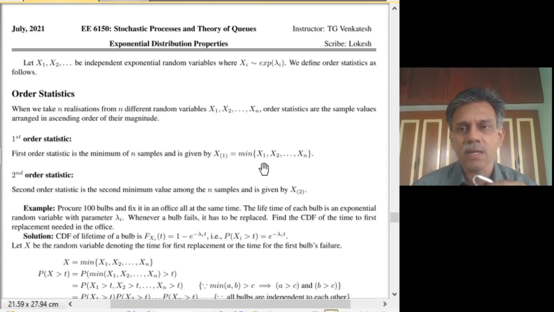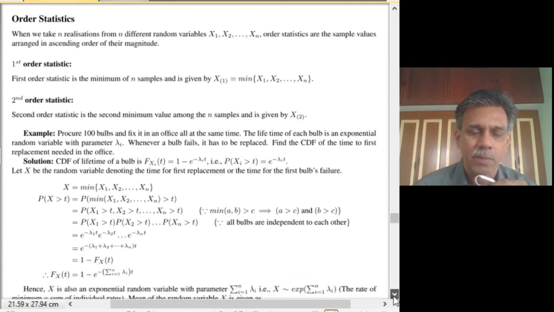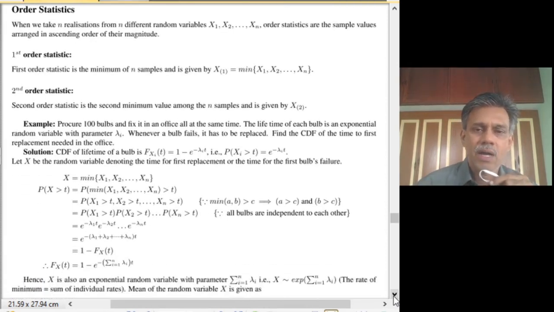The ith order statistic will be the ith minimum in the ordering. Especially, we will look at how the first order statistic of a collection of exponentially distributed random variables behaves. Again, the minimum itself will be a random variable. It will have a probability density function and so on, and that is what we would like to find.